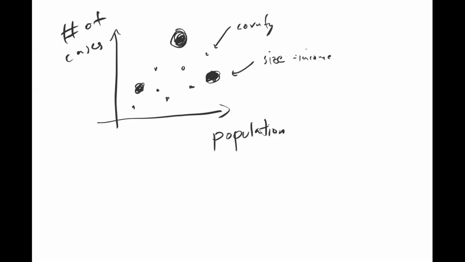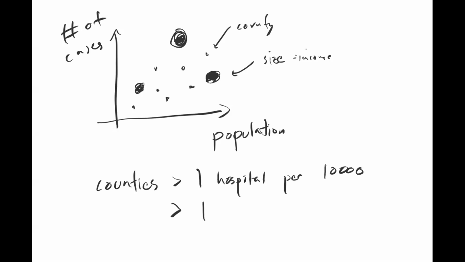Let's say you wanted to show counties with, let's say you had another variable with counties that have more than one hospital per 10,000 and more than one hospital per 5,000, something like that. I'm just kind of making up data. So this would be a categorical variable by county.